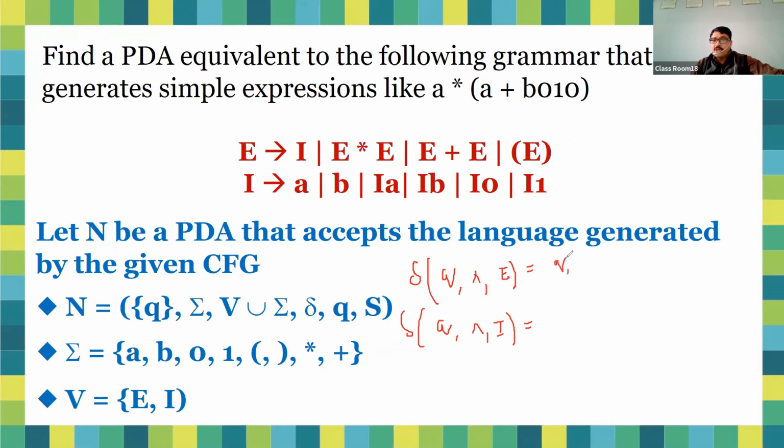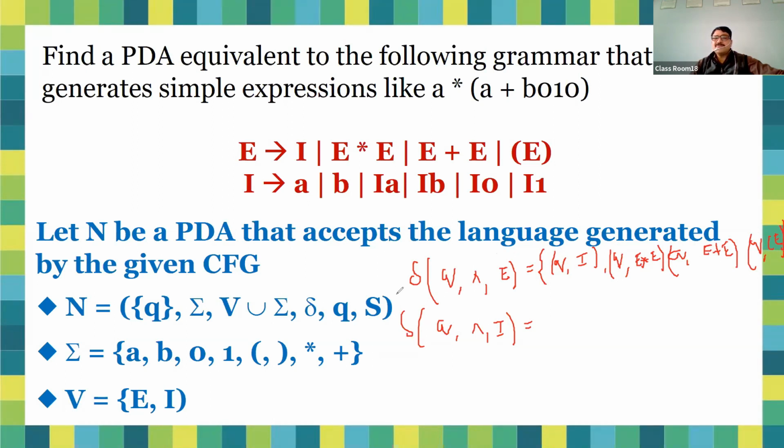We have to write all the productions that are produced by E. So that is Q, comma I. Another one is Q, comma E asterisk E. Another one is Q, comma E plus E. Another is Q, comma open bracket E close bracket, right? Is it okay? So these are the production rules for E.